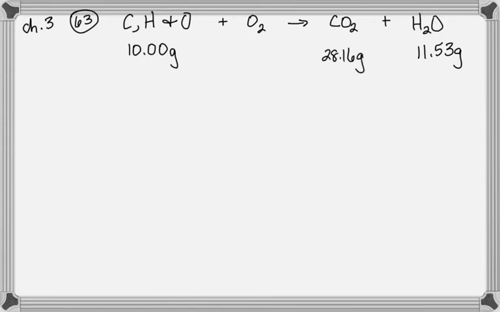And what we're wanting to know is the formula for this stuff. So we want to know what's the subscript of the C and the H and the O. Again, I'm using the exact same numbers from the problem, but I'm just doing it with grams.